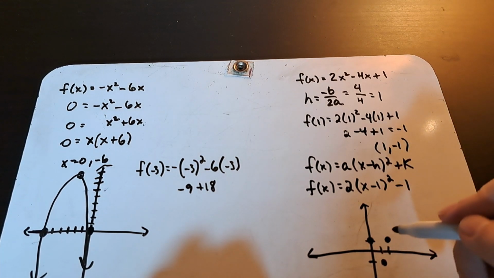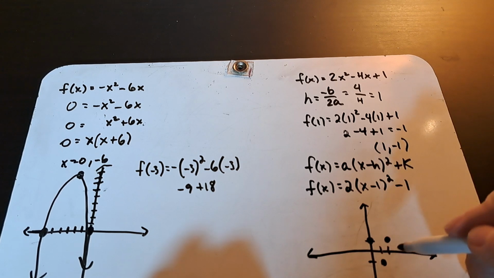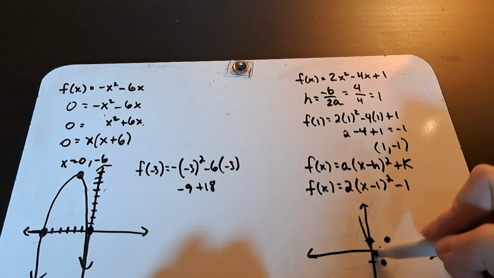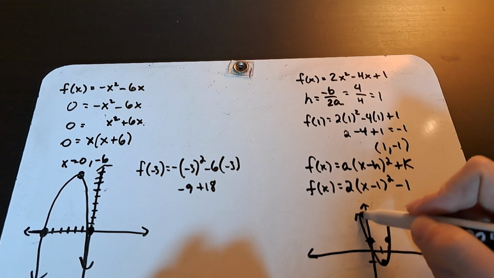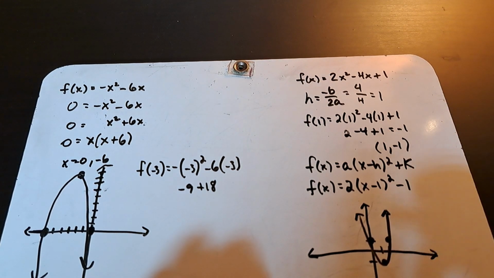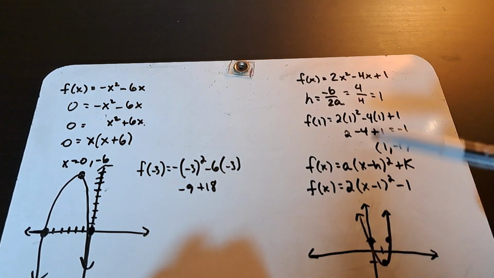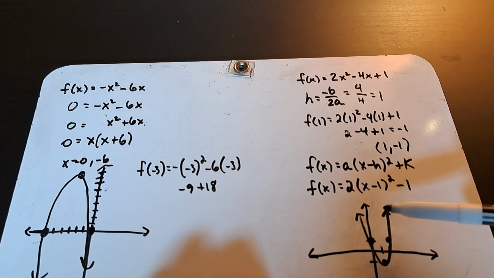And I could find other values as well here, but I really only need these 3 points in order to graph this quadratic function. The a term is positive, so this is going to be opening upwards.